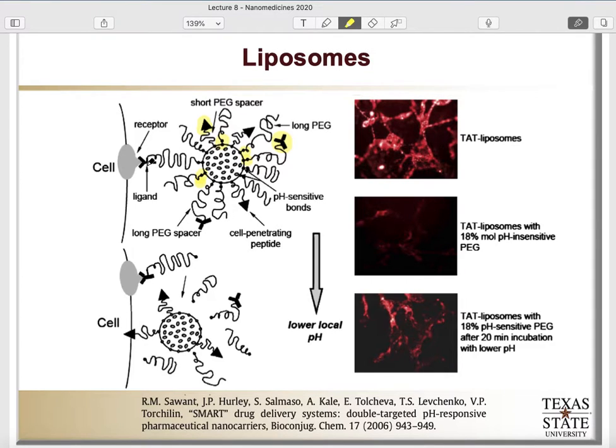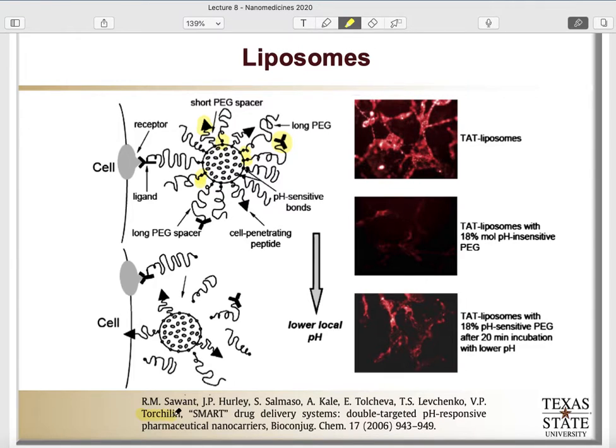At the same time, we could have the targeting to the cell receptors, but then once these are cleaved, what is left is only the particle with the cell adhesion peptide that would then enable the nanoparticle or the liposome to enter into the cells directly. So that's an interesting SMART type particle.